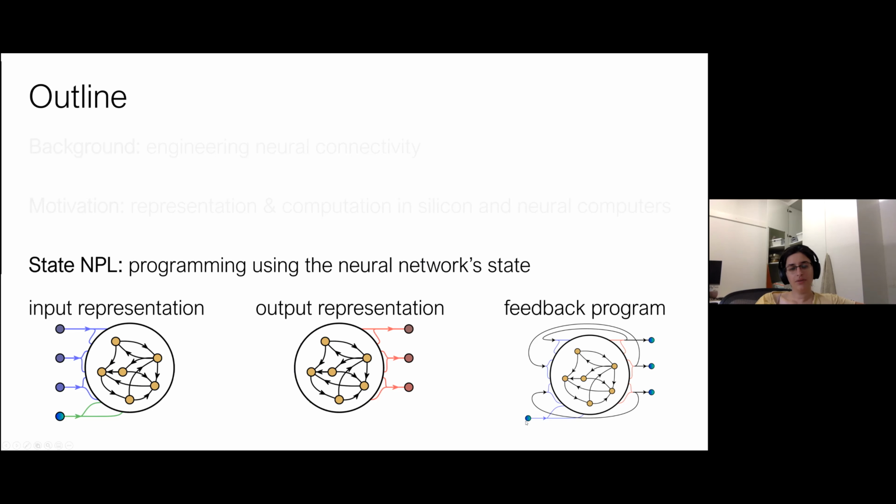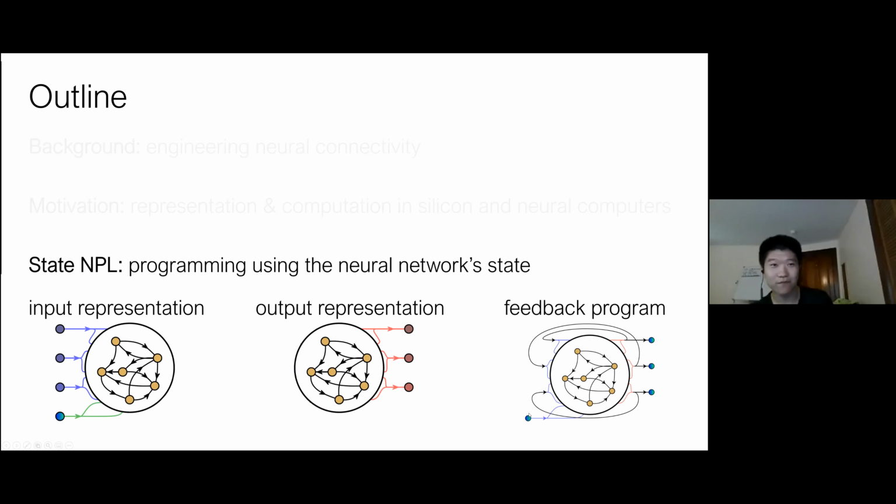I've left this little knob here at the bottom left colored because we'll use it sometimes, but it's not the big idea. The big idea is just that we assume we have some inputs and they are represented in the neural states in some way. Using that representation, we can get some kind of output.